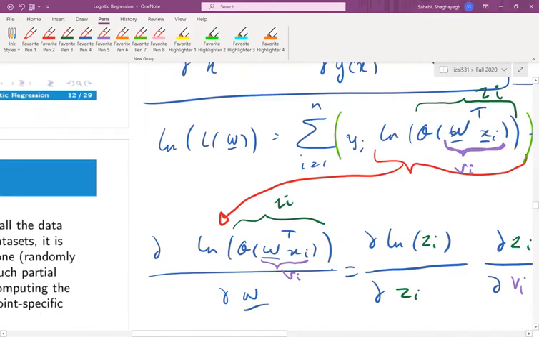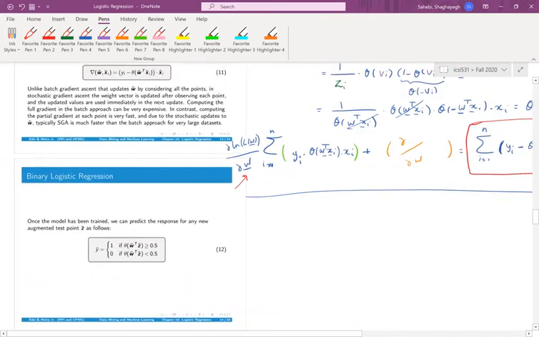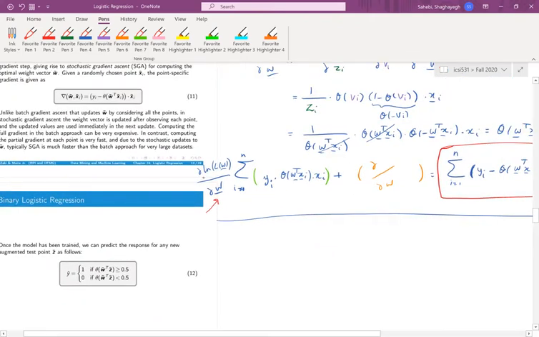So instead of calculating the gradient at all x's, we calculate the gradient at one specific xi.